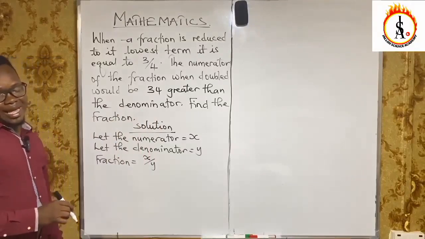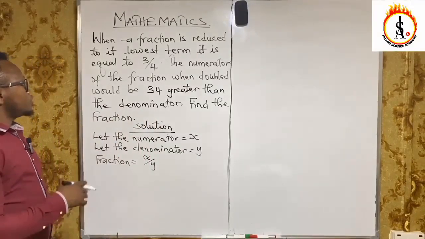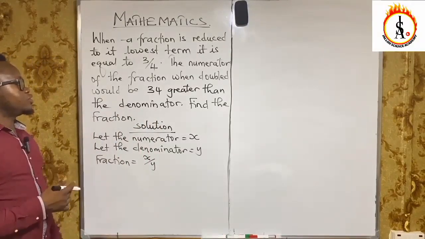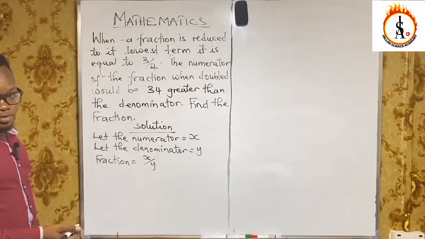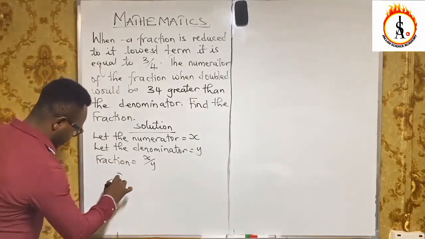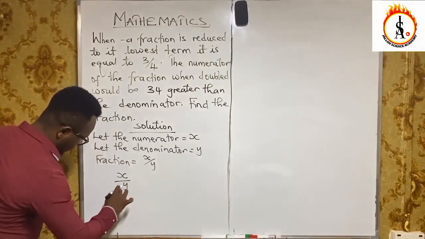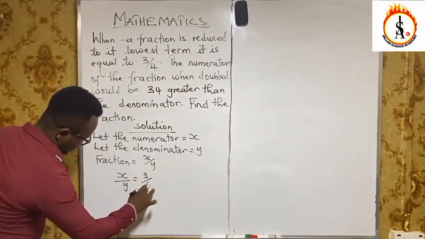Meaning the fraction will be x upon y. So we are told when the fraction is reduced to its lowest term, it is 3 upon 4. Meaning this fraction here, x upon y, is equal to 3 upon 4.